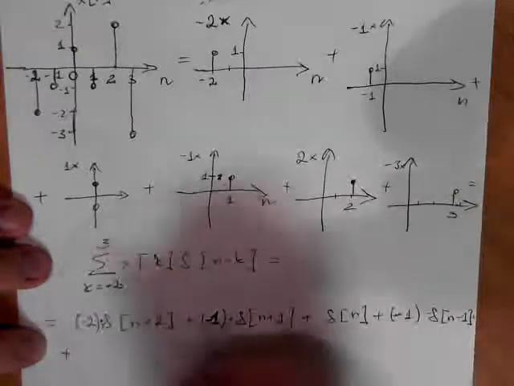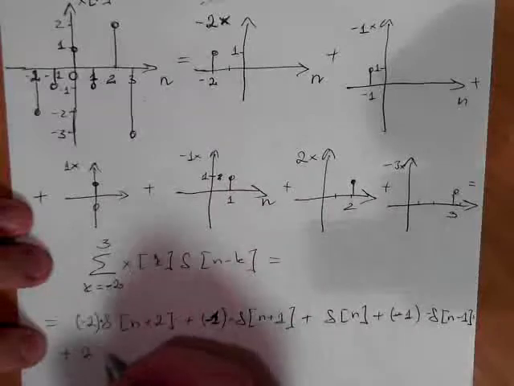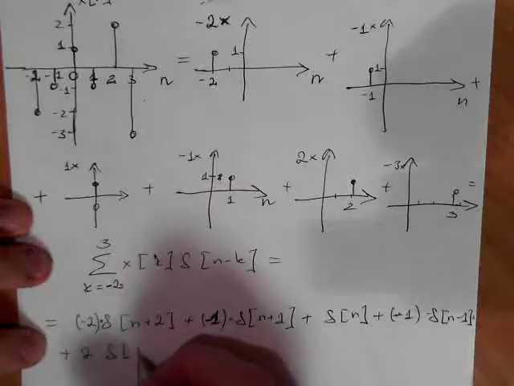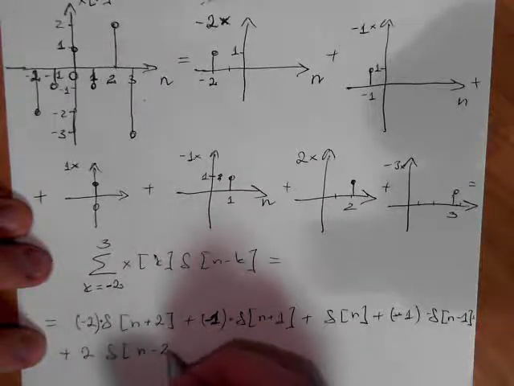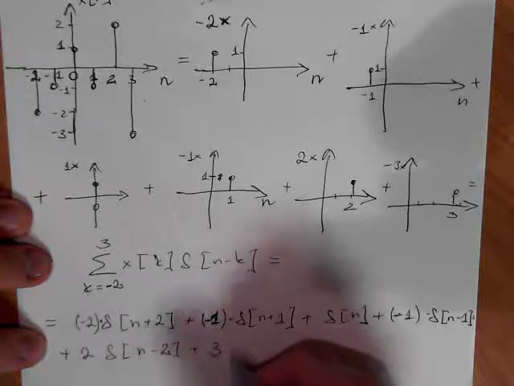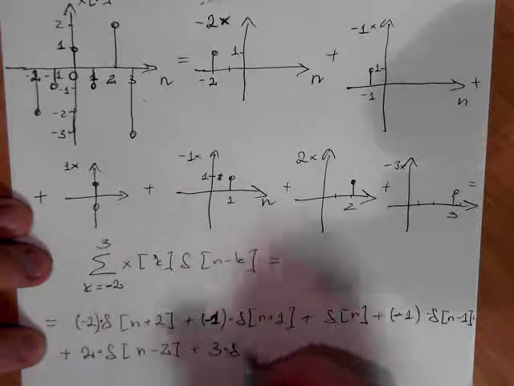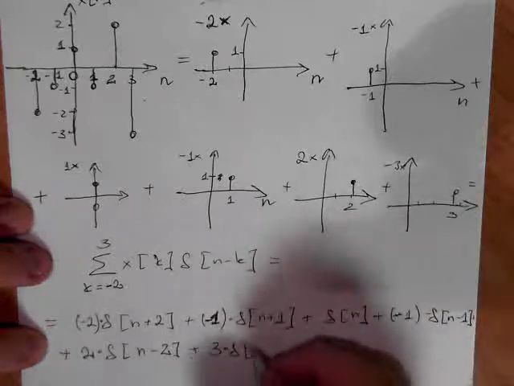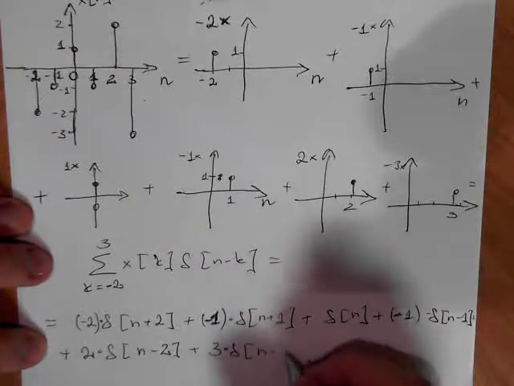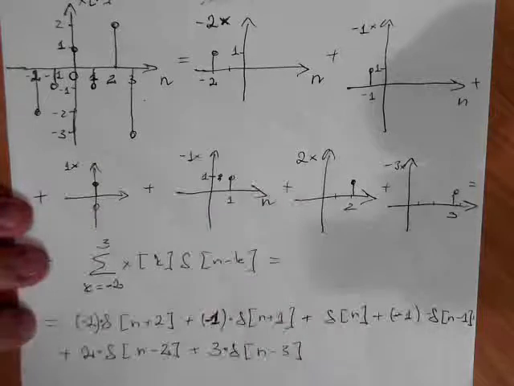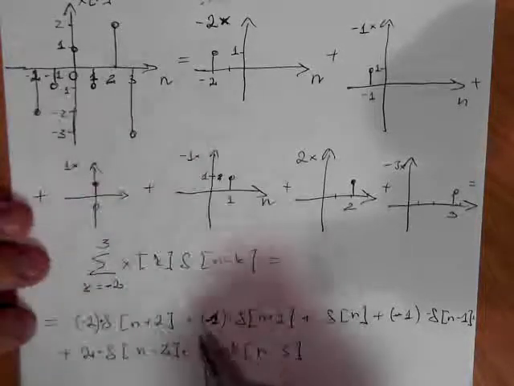Now we have plus this one. This is 2 delta function minus 2 plus 3 times delta function minus 3. So this is what I want you to know, how to expand the signal by delta functions.